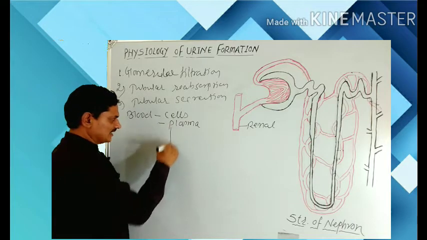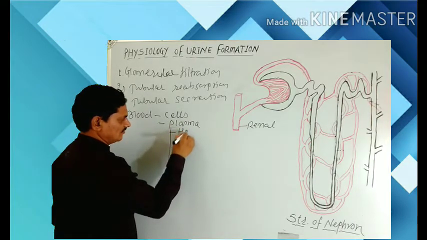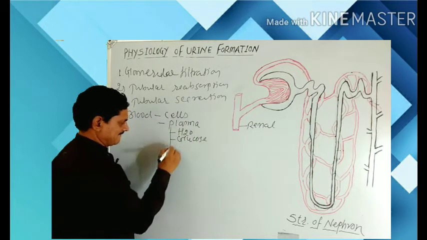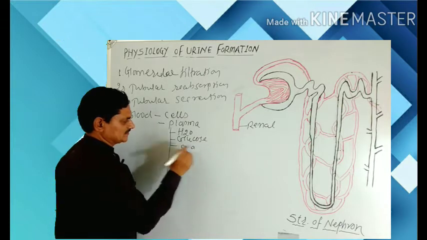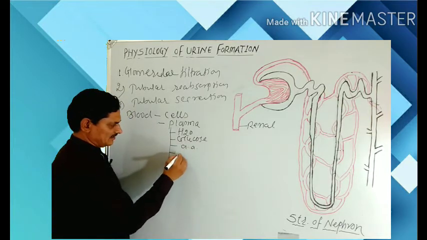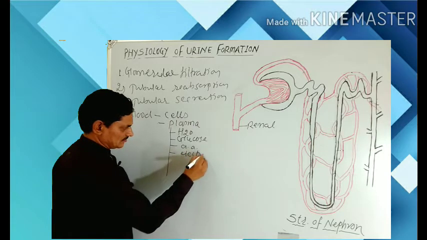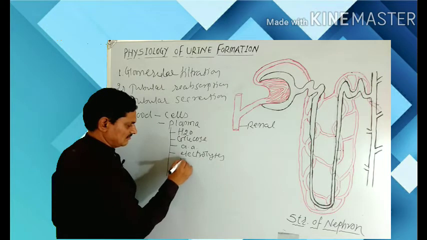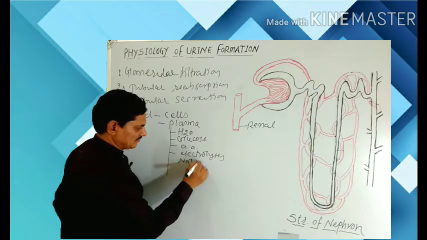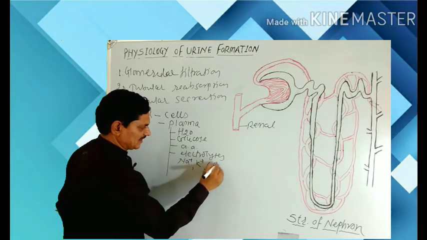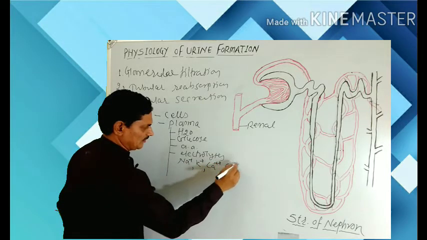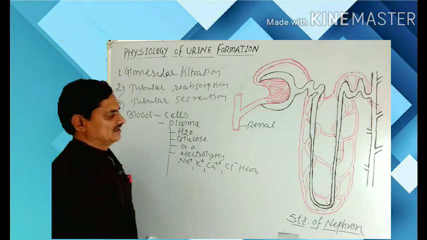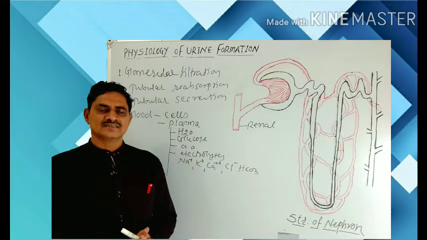Which are these? In the plasma, there are water molecules, glucose, amino acids, and electrolytes. Which electrolytes? There may be sodium ions, potassium ions, calcium ions, chloride ions, and carbonate, bicarbonate ions.